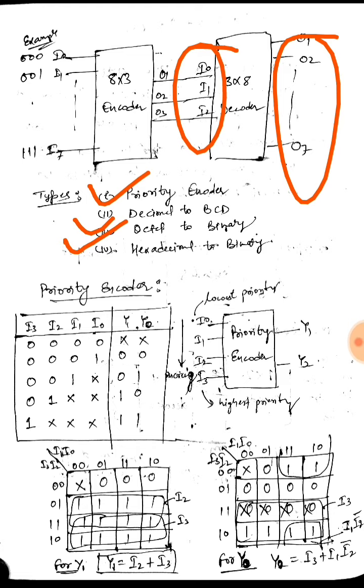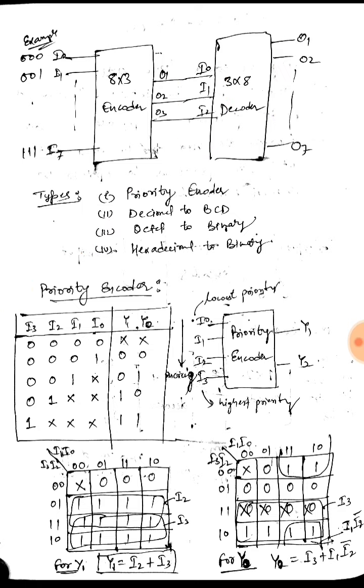So first of all, let's see the priority encoder, which is one of the important topics out of all these. For a priority encoder, if I have a number of inputs, and one or two or more than two are high at the same time, I will assign them a priority, so that which input would come out at the output is based on the priority.